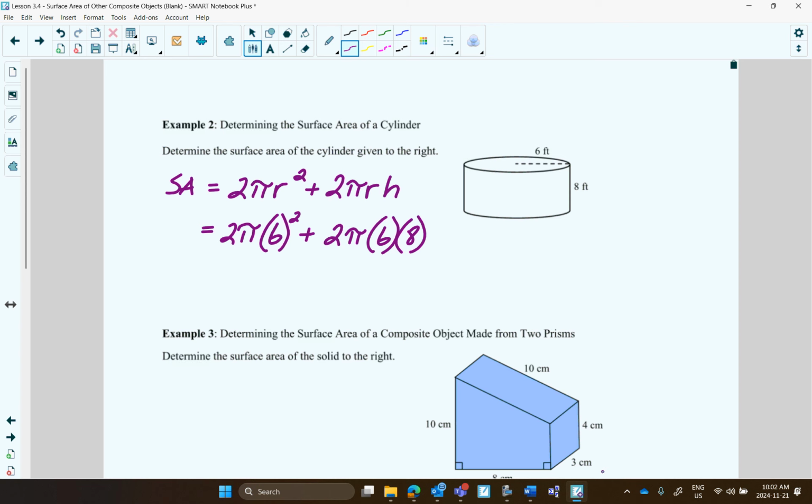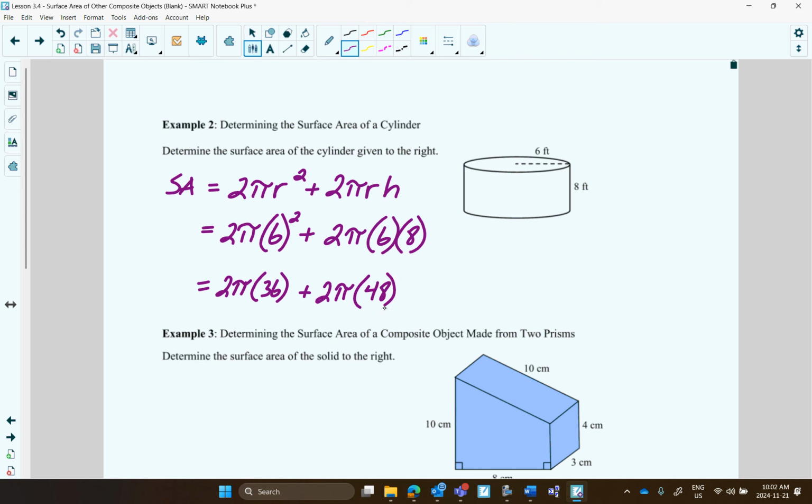Okay, so what I'm going to do now, remember, what do I do first, exponent or multiplication? Exponent. So it's going to be 2 times pi times 36 plus 2 times pi times 48, since I can multiply 6 by 8 to get 48.